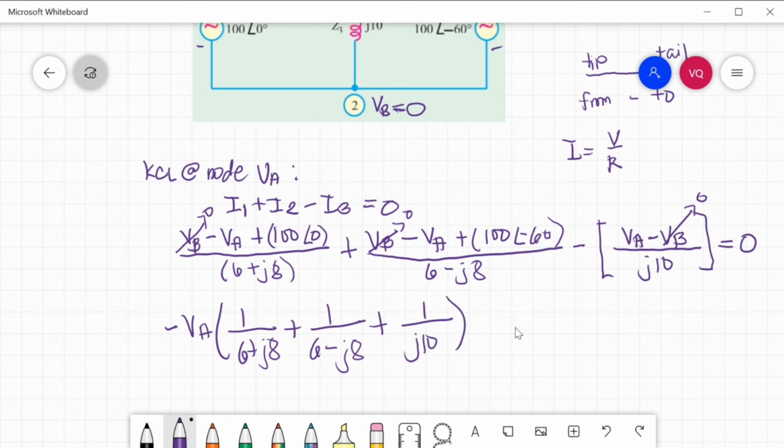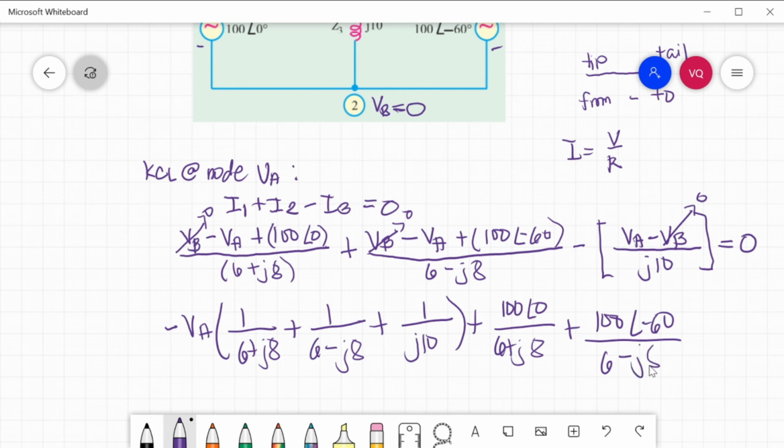Then plus 100 angle 0 divided by 6 plus J8. Next is plus 100 angle negative 60 divided by 6 minus J8, equal to 0. So we can now solve the node voltage VA.